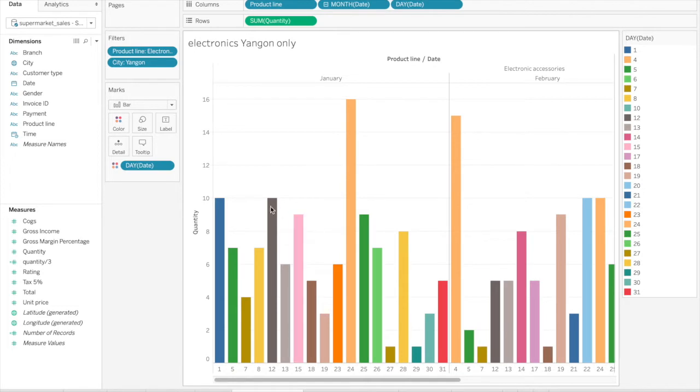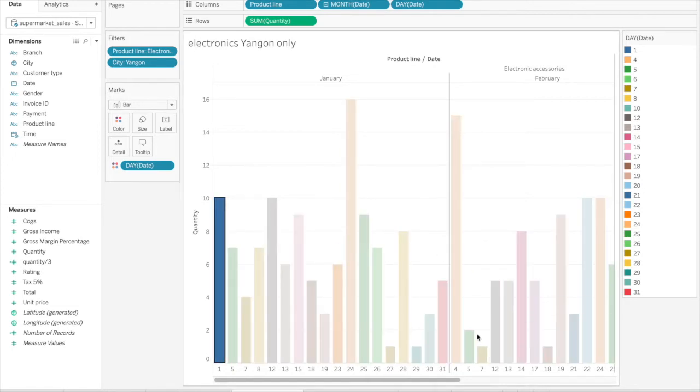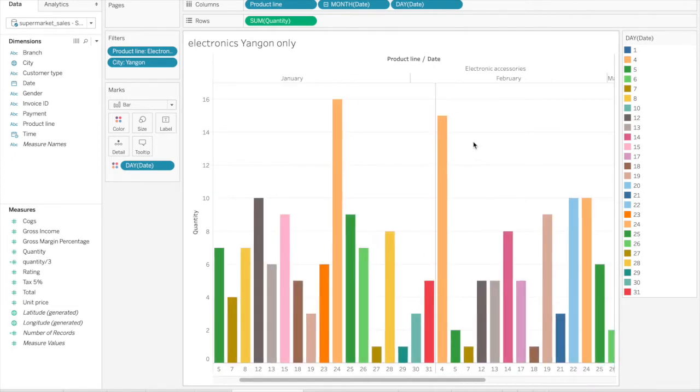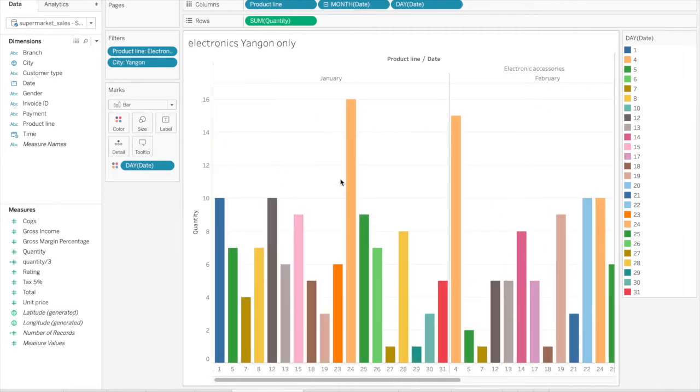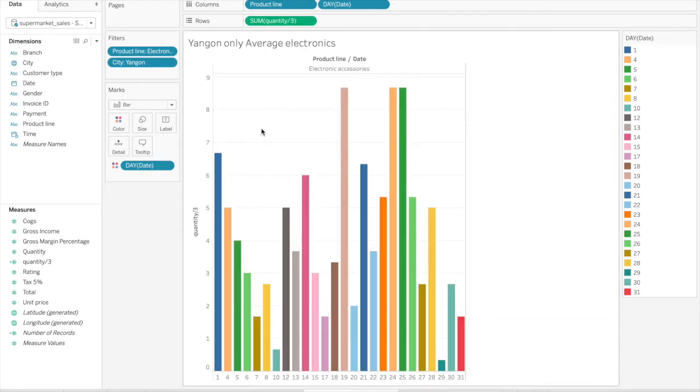So what I did is take the first of every month, the second of every month, the third of every month, add them together and get the average of each day. That gives us the average of electronics sold in Yangon specifically, and that helps managers make more informed decisions.